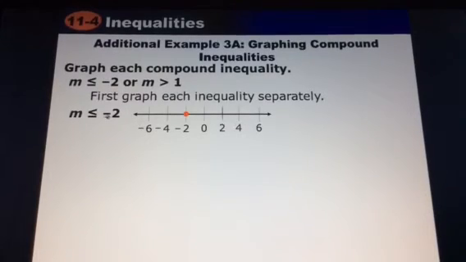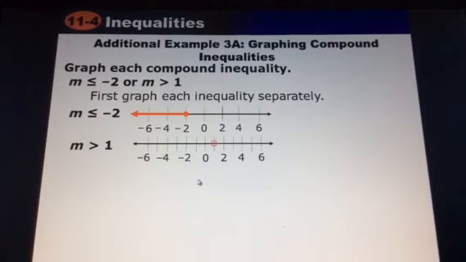Okay, it could be equal to, that's true, so we put a solid circle, or a closed circle on -2, but we want all the m's less than, so we shade everything to the left. Now we could also have m be greater than 1, so that would be an open circle on 1 and everything to the right.